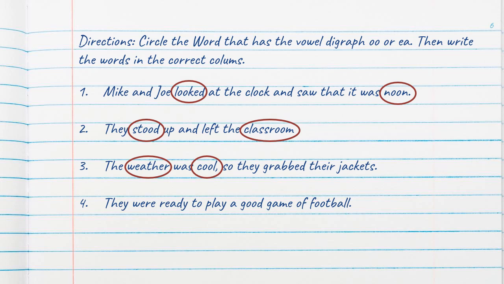Okay, number 4. They were ready to play a good game of football. What are the two words? Or maybe just one. We have ready, yes, and good. Those are the two vowel diagrams.